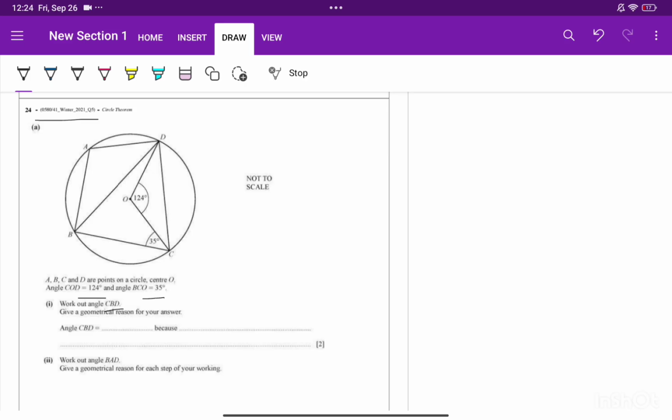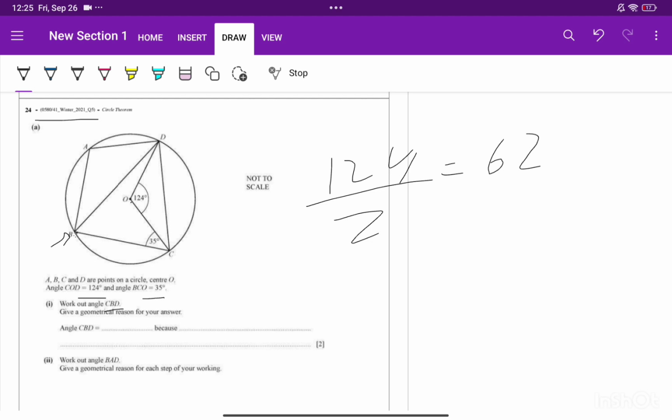Okay, so CBD, this B, okay, wait a minute. B over here is the angle at the circumference, and O is the angle at the center. So as we know that the angle at the circumference is half the angle at the center, it will be 124 divided by 2, which will be 62.